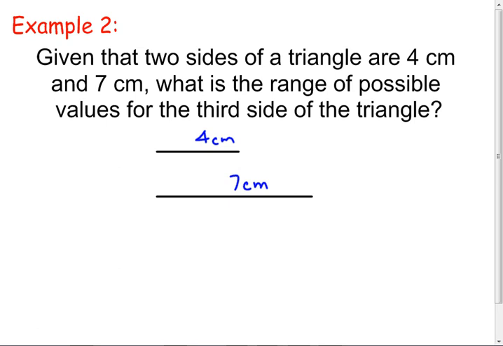What do the measurements have to be? Well, I have to have another side here, call it x. Yes, Emmanuel. There's a whole bunch of values that will make a triangle. What's true about 4 plus x? That has to be greater than 7.